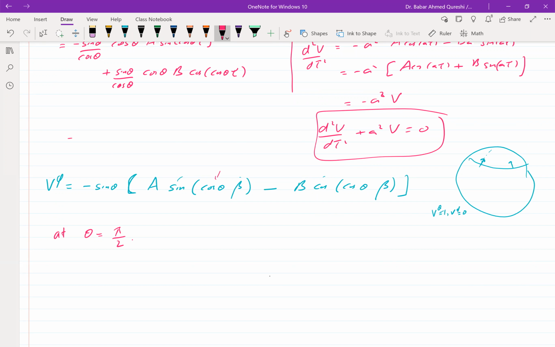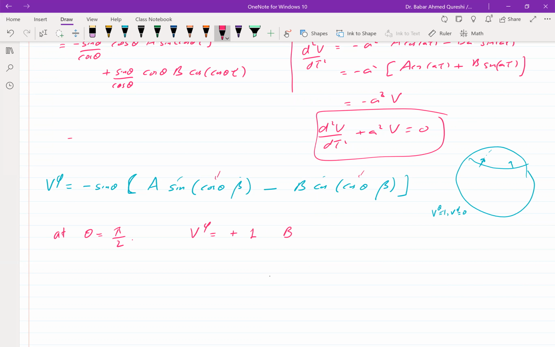So sine of 0 is 0, and this cosine of pi is also 0, so I get v phi is minus sine theta plus b, and sine theta is what?